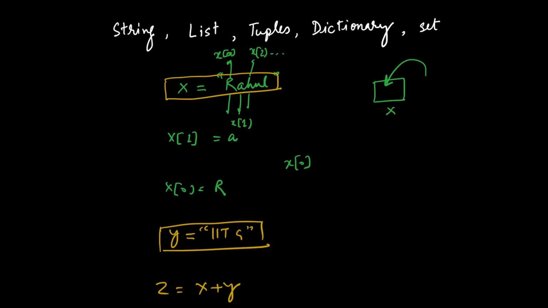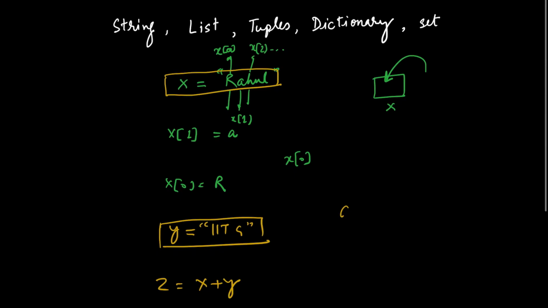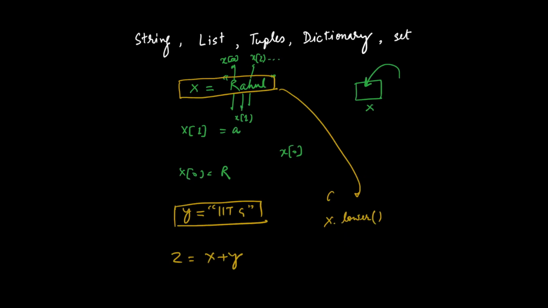It will concatenate both the strings. So it has various properties that we can use. We have a lot of operations, such as x dot lower, which will make everything lower case.